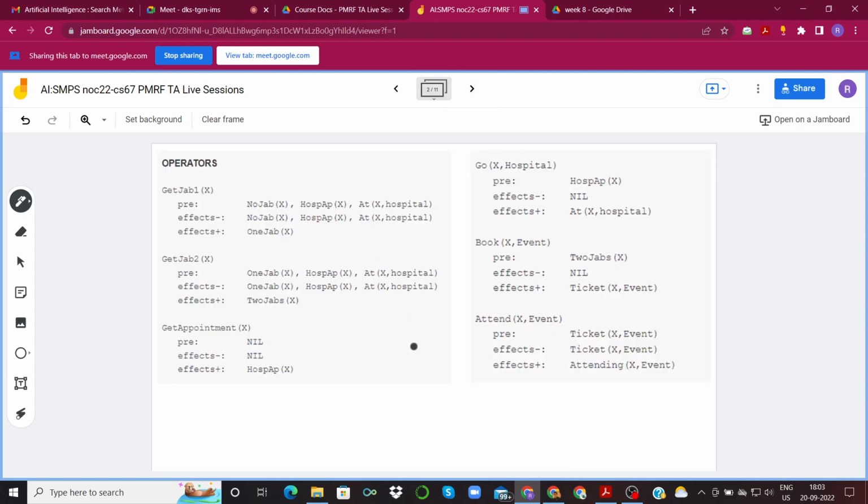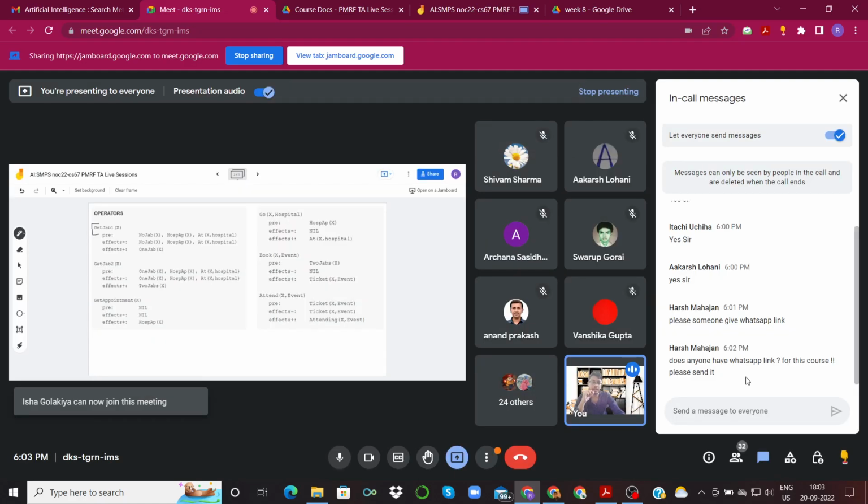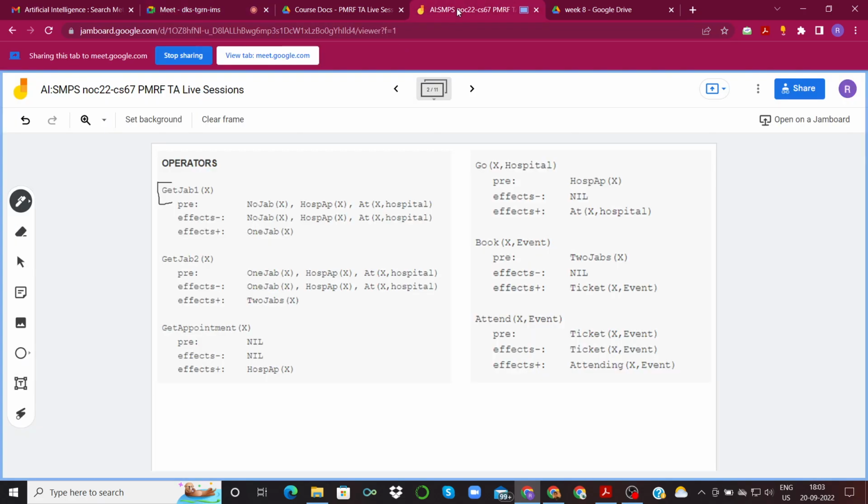Now, what are the operators that we are going to use? First is the GetJab1 operator. Whenever an operator is specified, does anyone want to tell me what other information we have to have along with it? The preconditions and the effects. Yeah, that's right. Perfect.